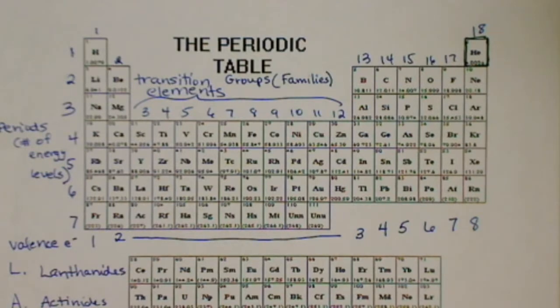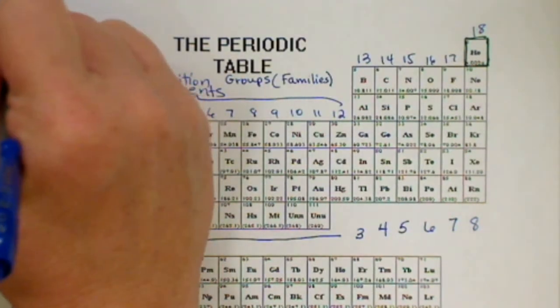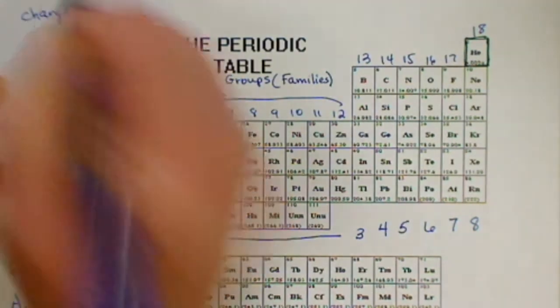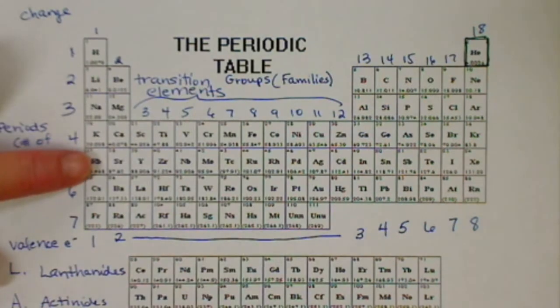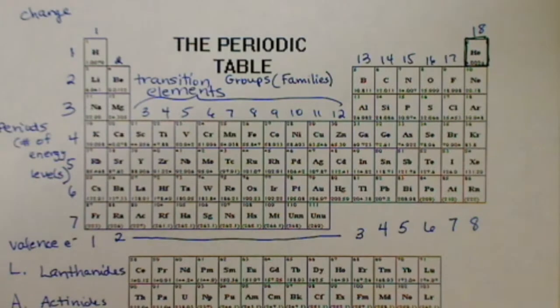Okay, with all of that said, let's go ahead and start looking at the charges. If ions were to be created out of these elements in certain groups, we can figure out what charge they would have. If an atom has 1 valence electron, that means it's going to be the easiest thing to lose that 1 electron.